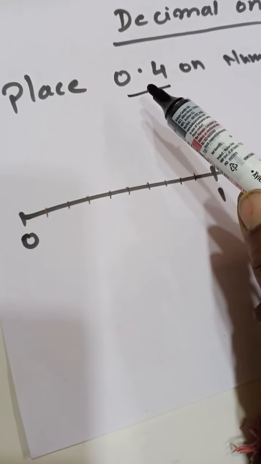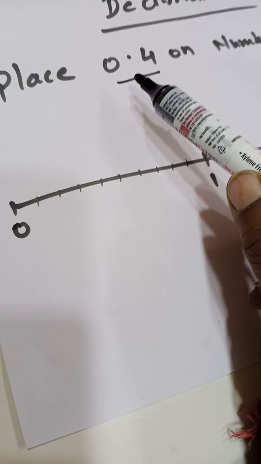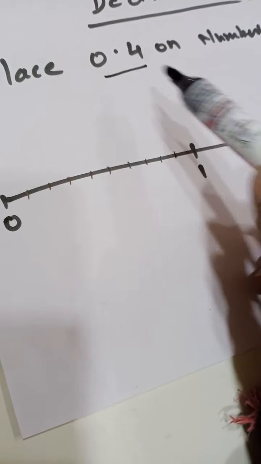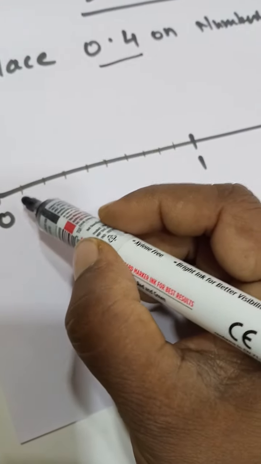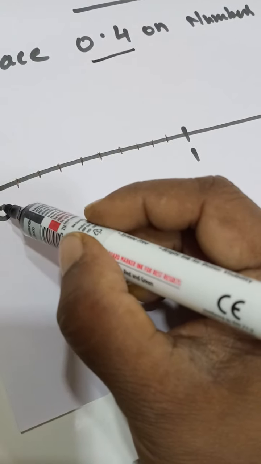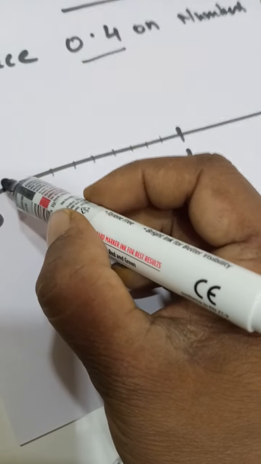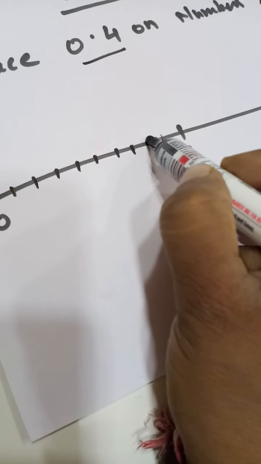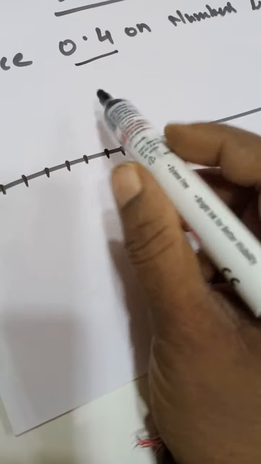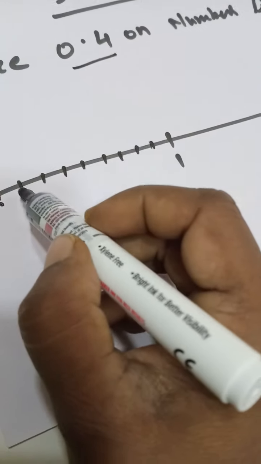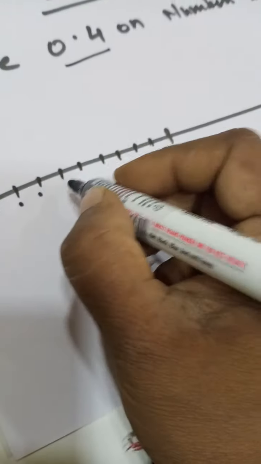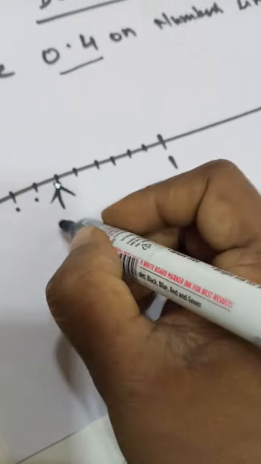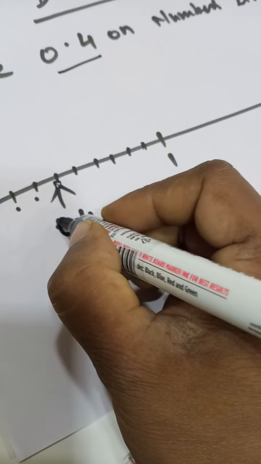This is like 1 upon 10, right? So we'll be placing 4 upon 10, the fourth portion on the scale from 0 to 1. That is like 1, 2, 3, 4, 5, 6, 7, 8, 9 and 10. So this is 0.1, 0.2, 0.3, and this number over here will be your number 0.4.